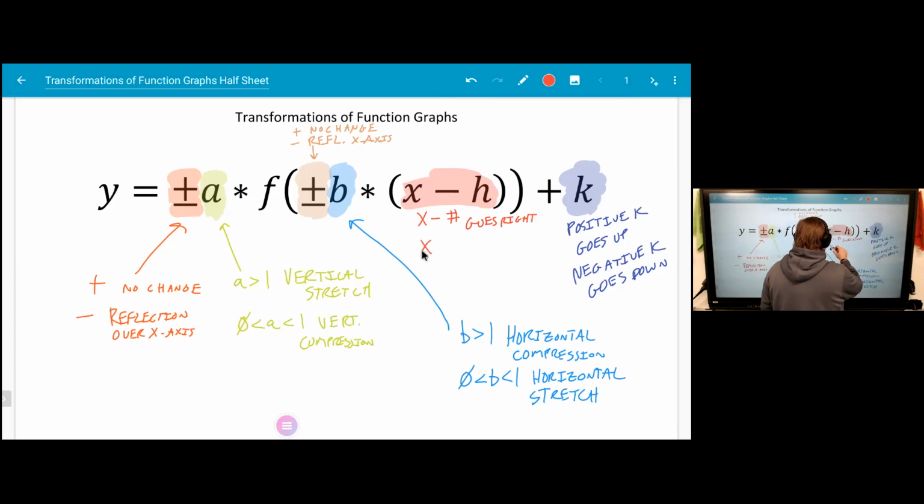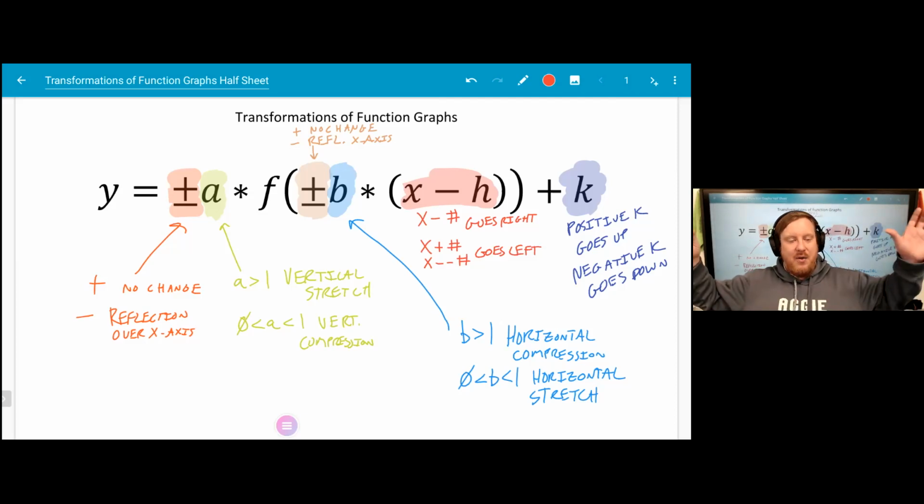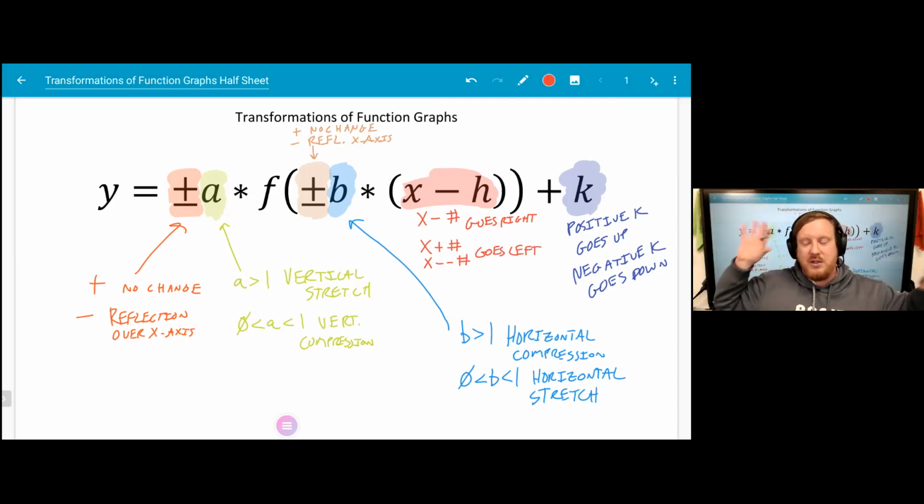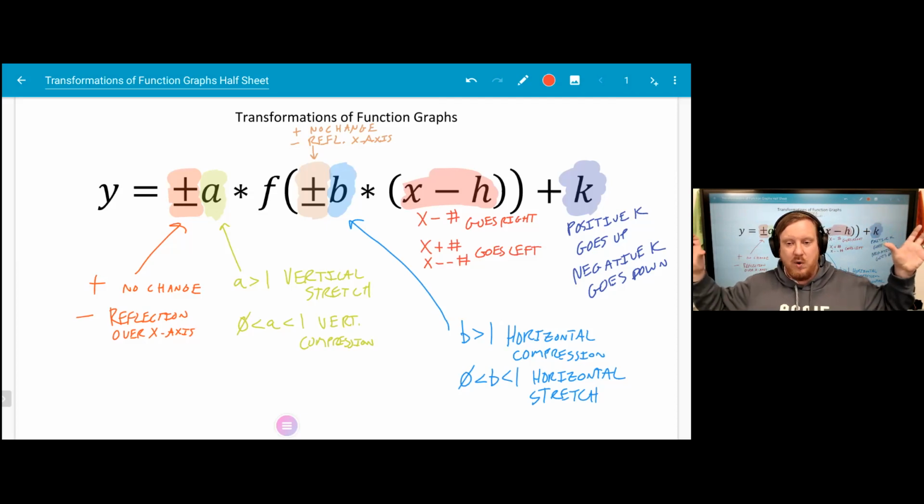If you see x plus a number, or if you see x minus a negative number, this goes left. It's a little counterintuitive. I know it's just like how the vertical stretch and horizontal stretch and compression work opposite. Same happens with the left and right. It's a little bit opposite, okay?